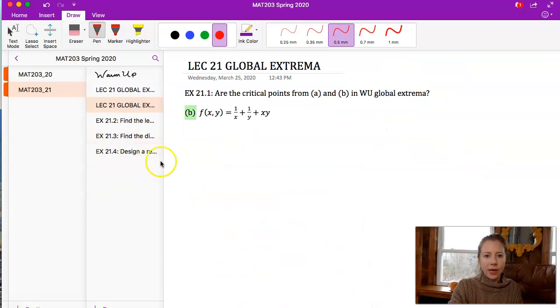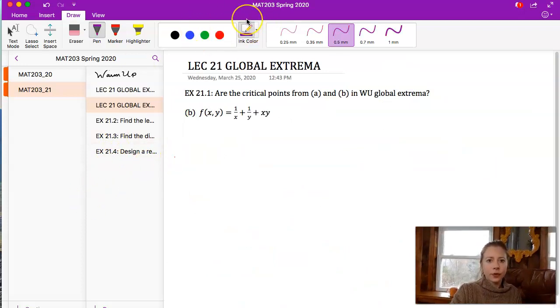Okay, so let's try part B. And feel free to pause this at any time and try it on your own first, and then hit play to see the solution. One of the great things about online recordings.